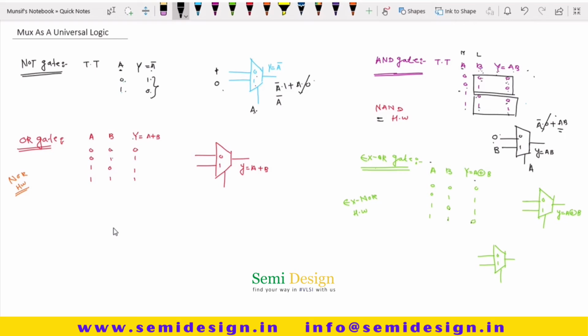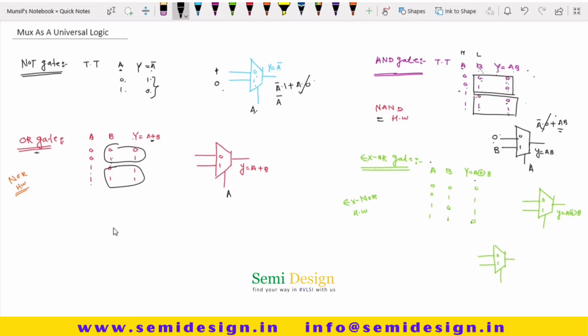Now similarly, if we want to model OR gate, the simple truth table is A, B inputs, Y is equal to A plus B. So if any one input is 1, output is equal to 1. Okay. Now similarly connect this A MSB bit here and map this truth table with the inputs. We need to make a pair like this.